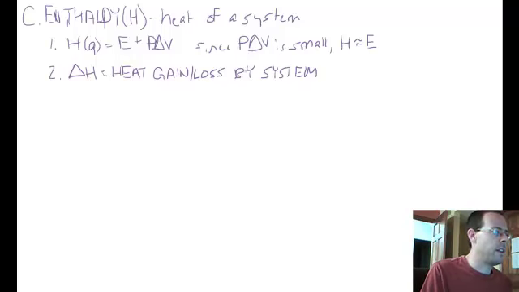I think that is all I want to say about that. We'll keep on going. How is delta H calculated? It is always H final minus H initial.